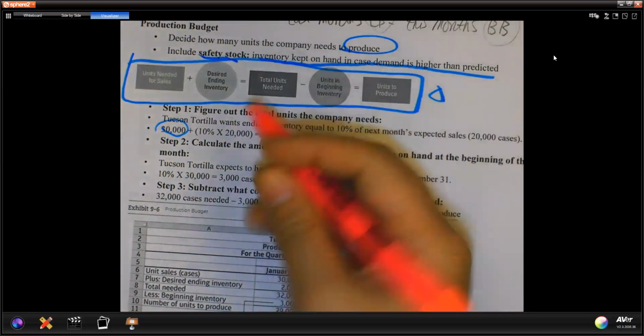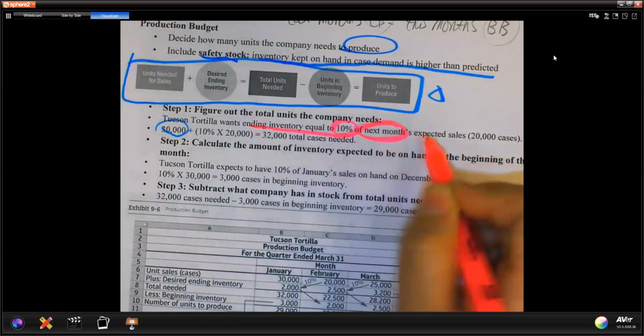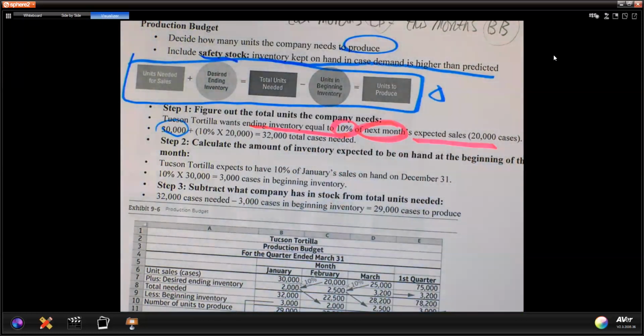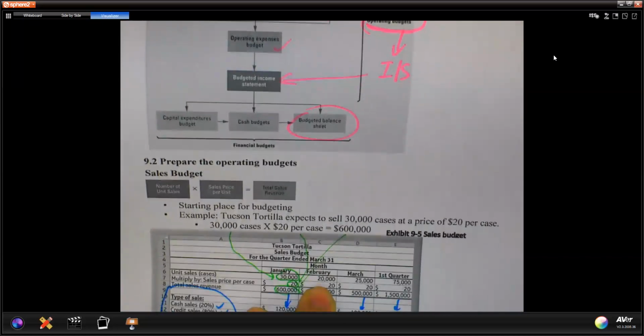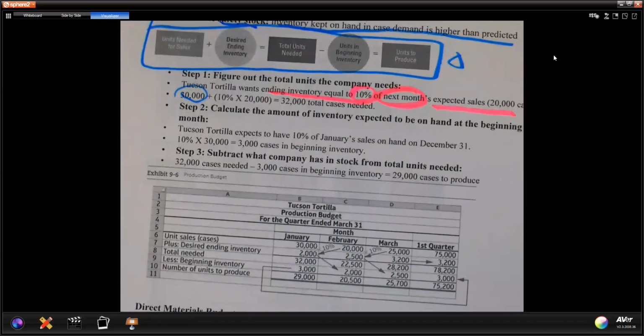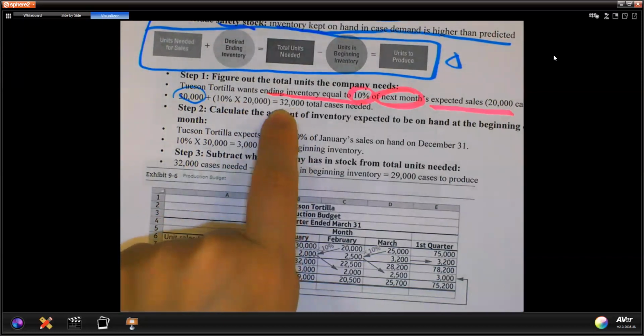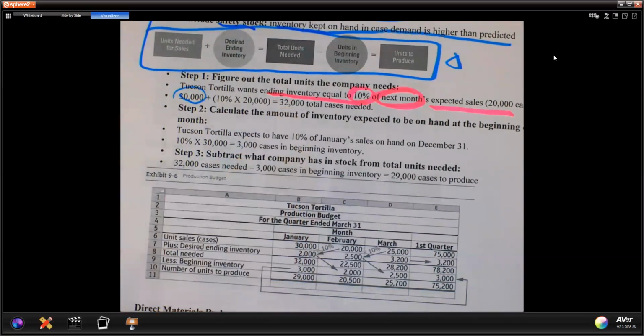Your ending inventory will be 10% of next month's expected sales. Next month, February, we expect to sell 20,000 units, and we want 10% of that as our January ending balance. So we need 2,000 as the ending balance, which means we need 32,000 total units.